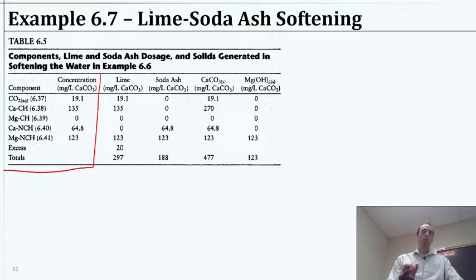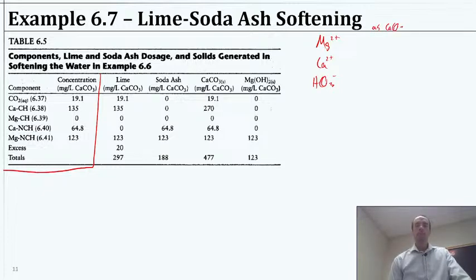Or even before here, let's say, starting with, okay, how much magnesium do we have? How much calcium? And bicarbonate. If we get all of those as CaCO3, that would be a good starting point.